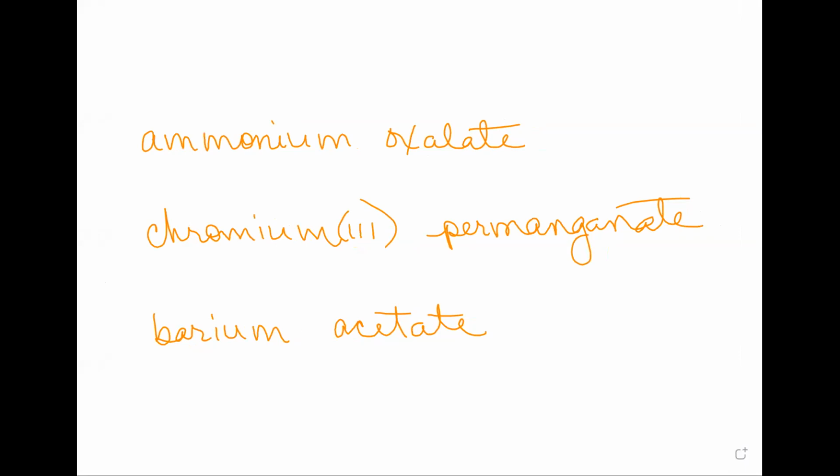See, while I'm goofing off trying to get this to work, someone's been working. Ammonium is NH4 plus, and oxalate is C2O4 2 minus. So I need 2 of these in order to make it neutral. Oxalate looks like this, and ammonium ion looks like this. So I need 2 ammonium ions for every one oxalate.